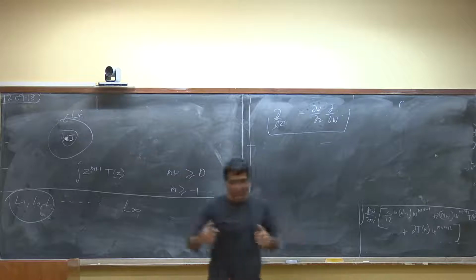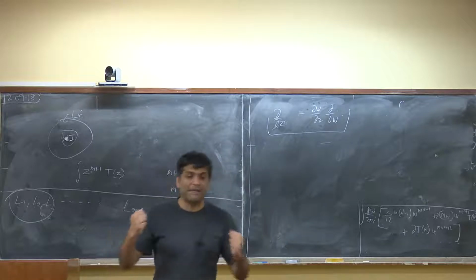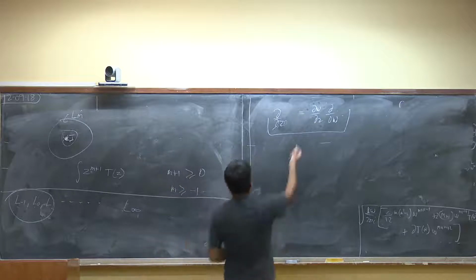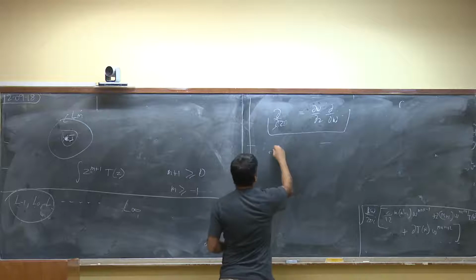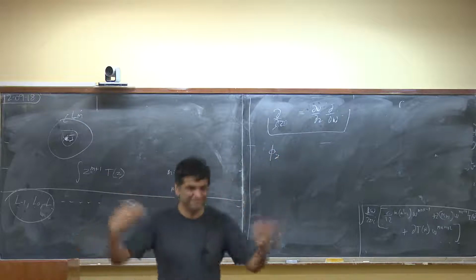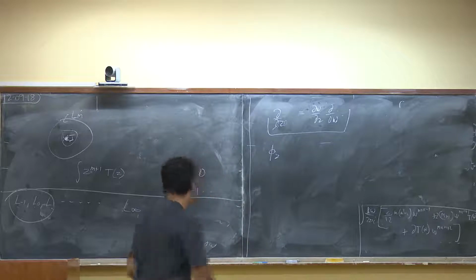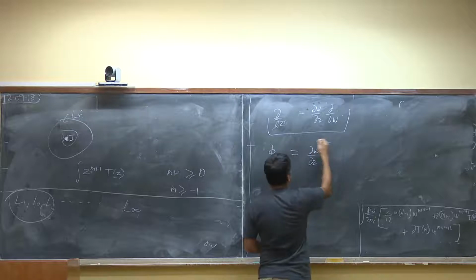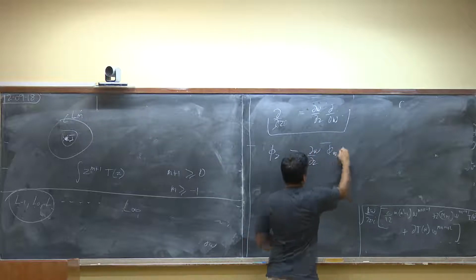Inspired by this, what we're going to do is make a definition. Suppose I have an operator that transforms like phi in the coordinate z is equal to del w by del z times phi in the coordinate w.